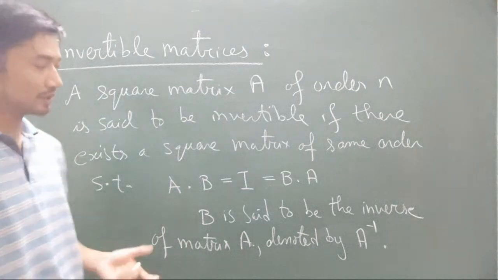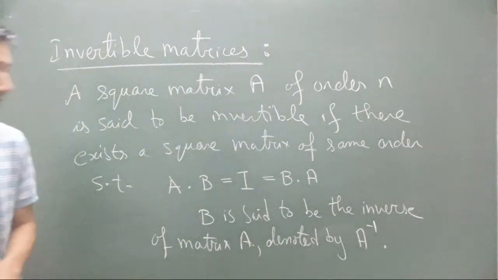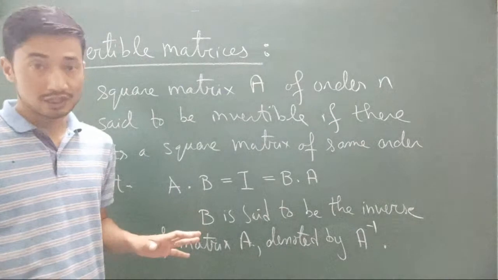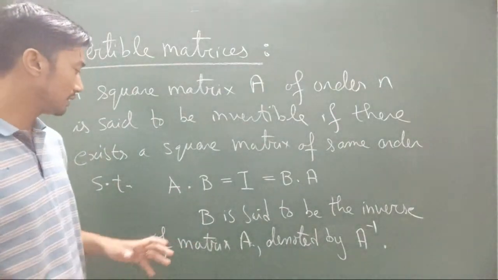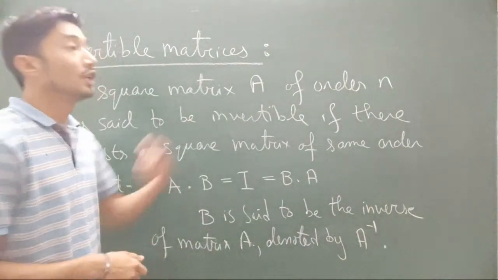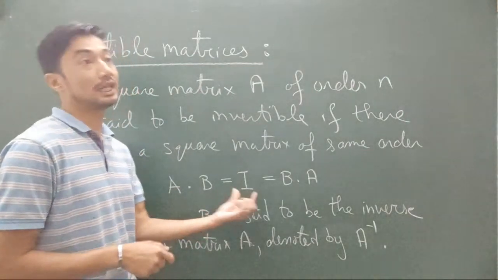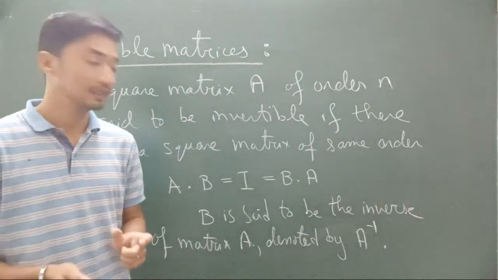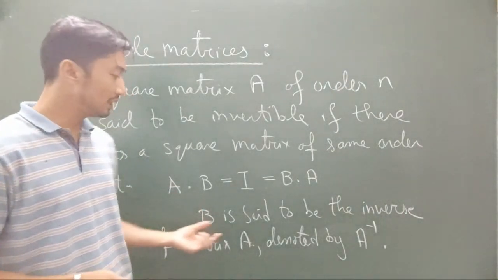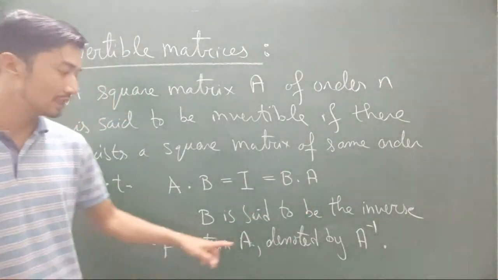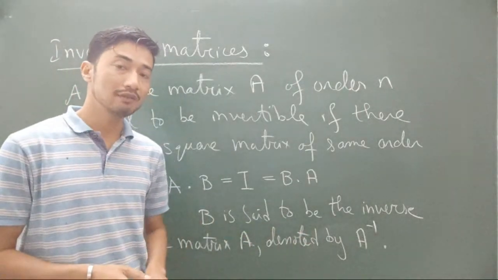So if you come across any such matrix of the same order, where you have that matrix, you come across another matrix, you multiply those two matrices, and we end up with an identity matrix I, then B is said to be the inverse of the matrix A, denoted by A inverse.